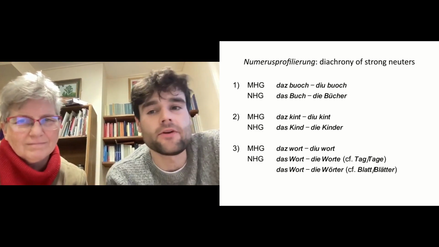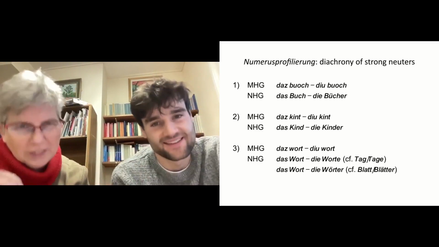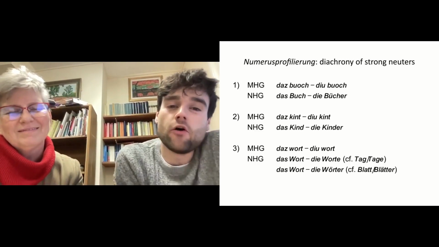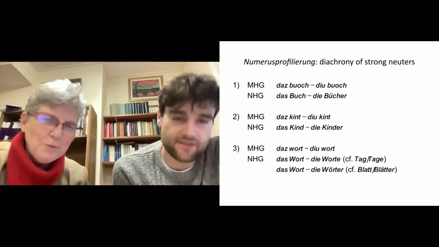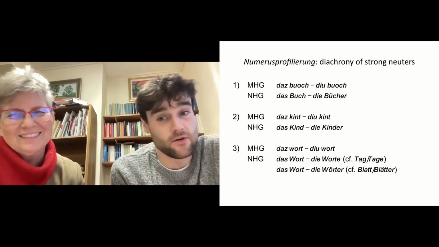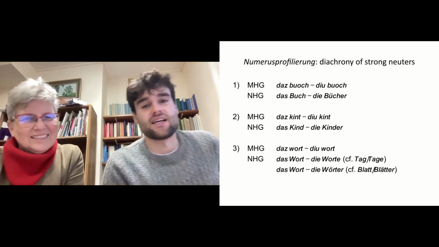As you know, the plural of New High German Wort can be either Wort or Wörter. In the case of the umlaut plural, Middle High German Wort has followed the Bücher, Bücher, Büchern und Bücher, while the umlautless plural is based on the inflection of third-class masculines such as Tag.